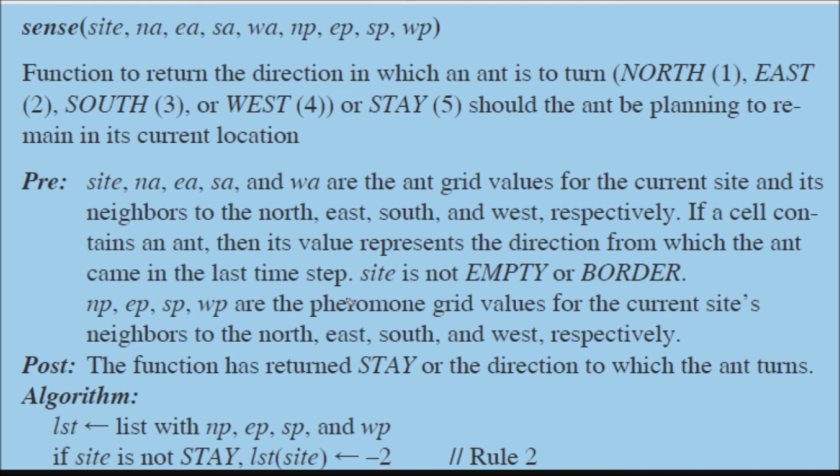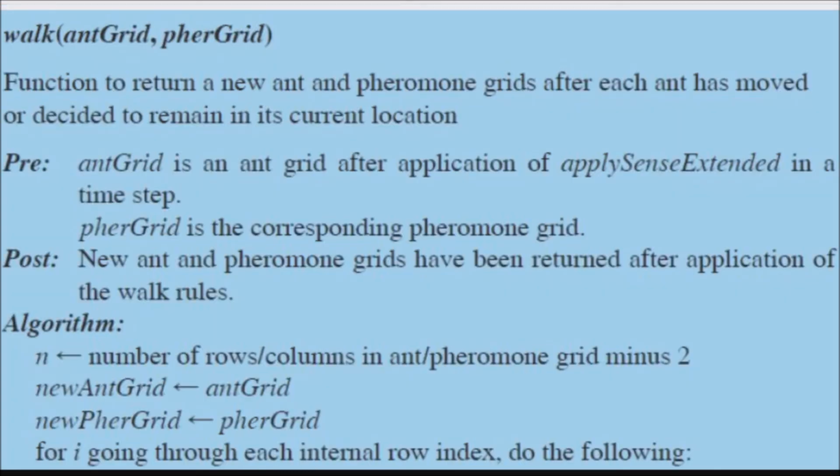So that's what is meant by that rule, or the assumption on the inputs. The value represents a direction, so that's what we talk about. Then the input is a grid, and we apply ants extended in a timestamp. Those are the two things you're going to apply.